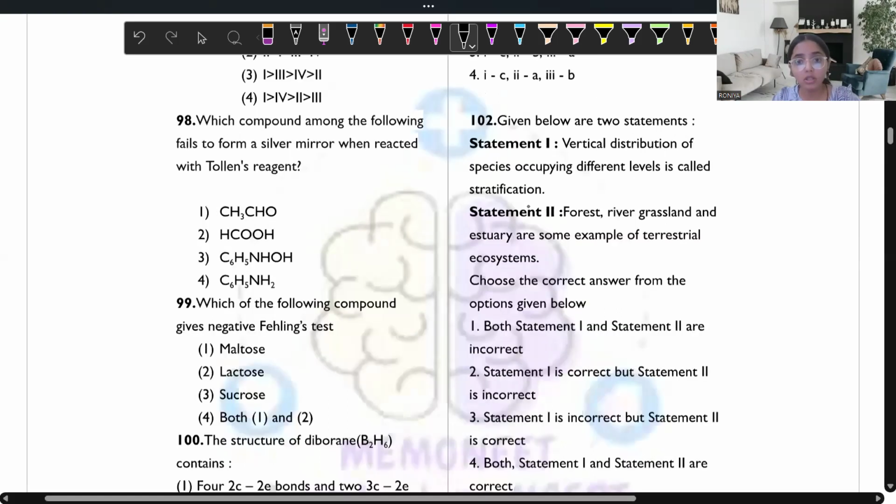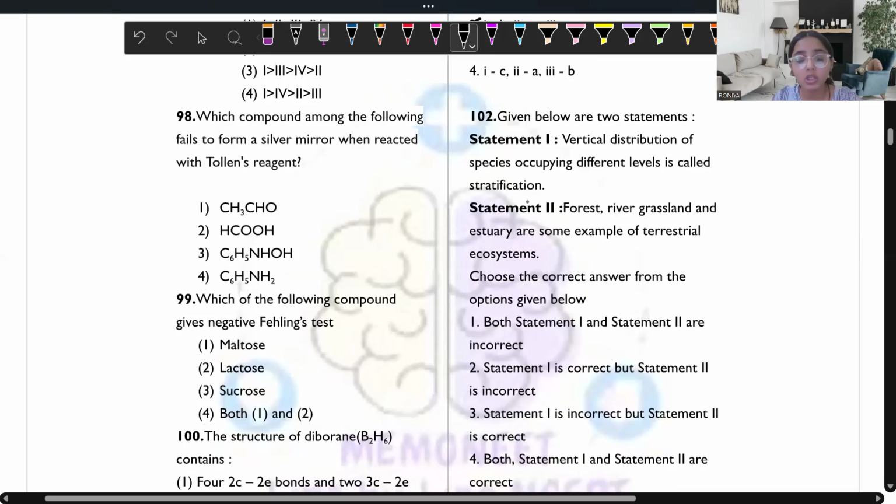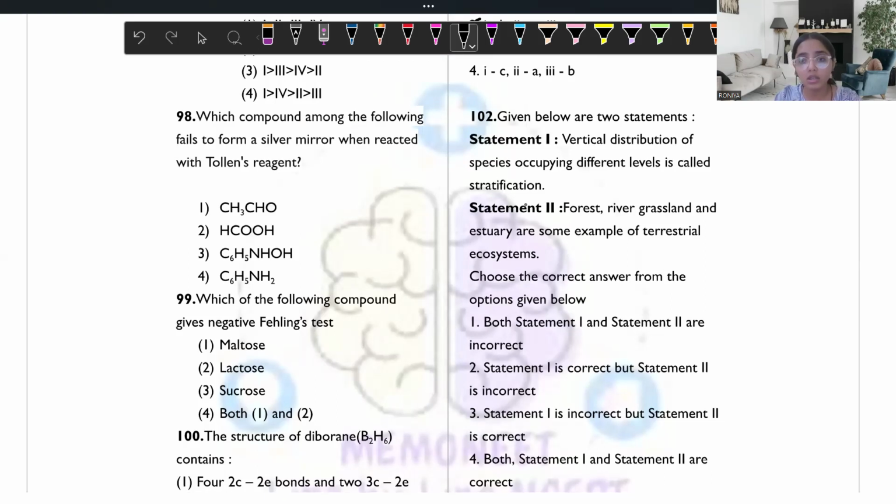Let us move on to question 102. It is saying: given below are two statements. Vertical distribution of species occupying different levels is called stratification. Yes, this is a correct statement.